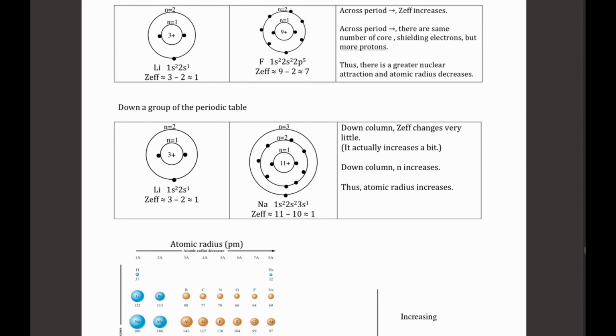Yes, some of them are s electrons, some are p, but in this simple model, if we just put them all together in that shell, that region of space, all 7 of them, we could have a picture kind of like what I've drawn there. So Z effective is 9, the number of protons, minus the inner 2, or about 7.